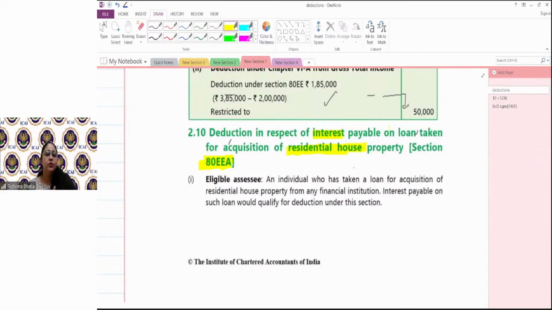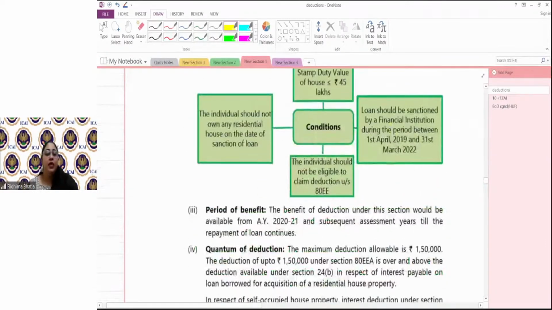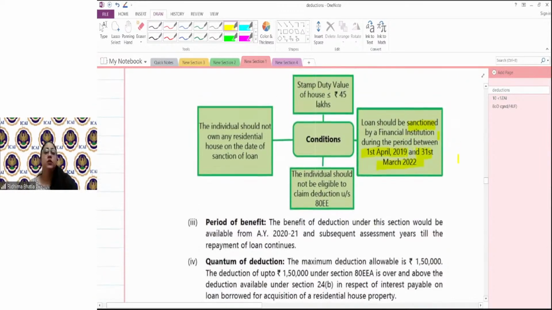If the loan is sanctioned in 16-17 plus other conditions being fulfilled, then 80EE. Then 80EEA, if the loan is sanctioned from any bank or financial institution, including NBFCs, between 1st April 2019 to 31st March 2022. This is also for first-time home buyers.